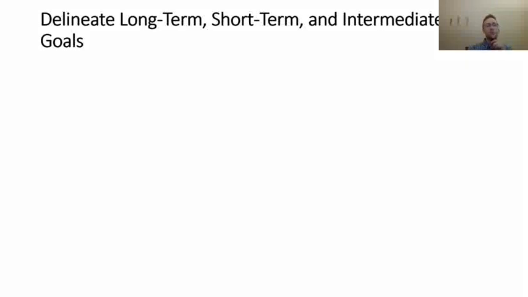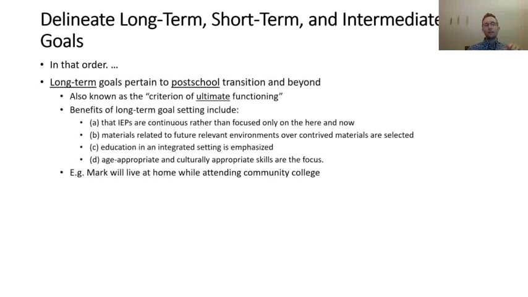Okay, so let's also talk about now delineating long-term, short-term, and intermediate goals. So you would delineate these different types of goals in that order. You'd start with long-term, and then back up and write short-term goals, and then back up and write intermediate goals. Now, long-term goals pertain to post-school transition and beyond, also known as the criterion of ultimate functioning.